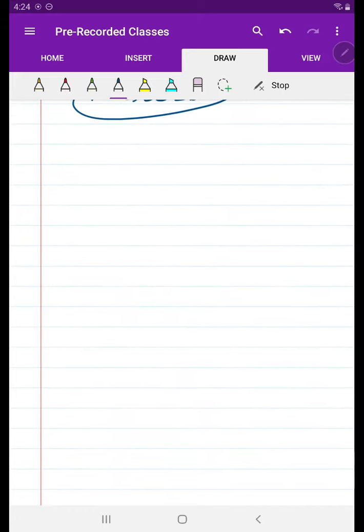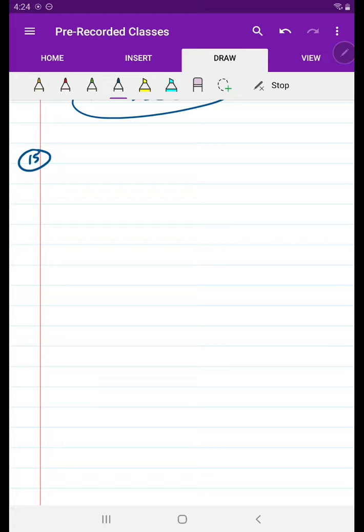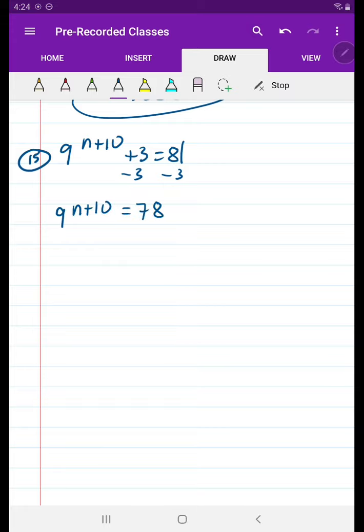Going on to 15, I have 9 to the n plus 10, plus 3, is 81. So I'll subtract 3 from both sides: 9 to the n plus 10 is 78. And at this point, I can convert this to log form. So I have log base 9 of 78 is n plus 10.